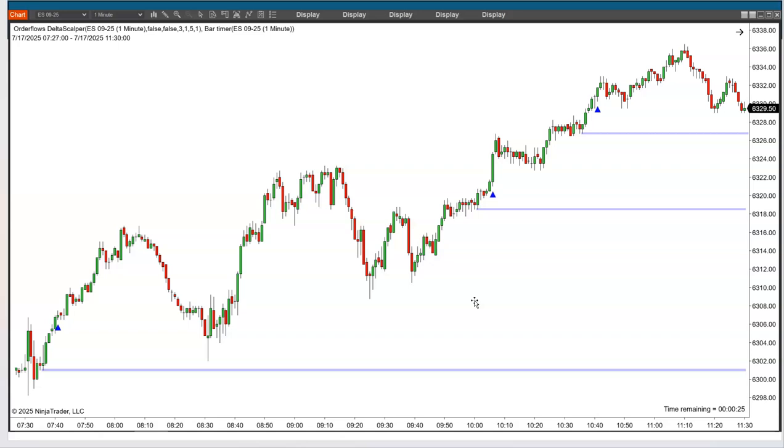Say you like the signals that are generated on a 5-minute time frame in Delta Scalper, you could put them onto your 1-minute chart. Okay, and the beauty is, say you trade a 1-minute chart, you want to have 3-minute signals, a 5-minute signal, maybe a 15-minute signal. You could add each of those on there. All you got to do, so you're not confused, is just change the colors of the actual signals, right? So maybe the 1-minute would be the default blue and red.